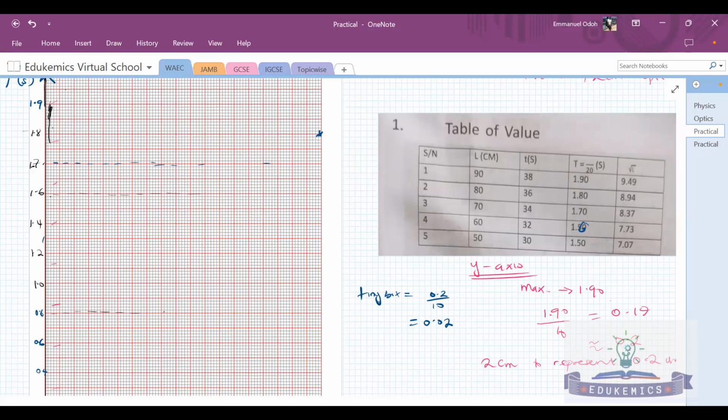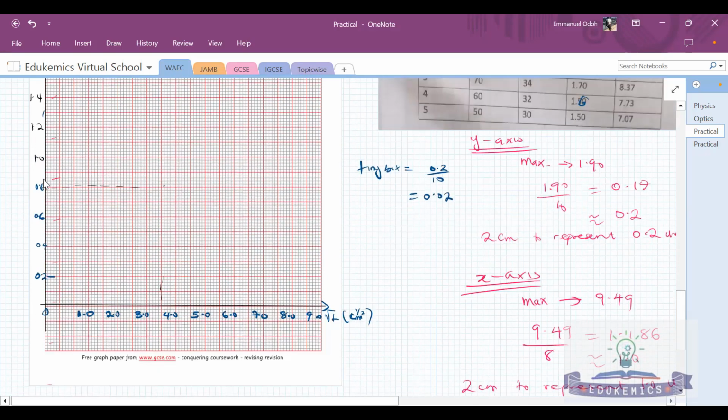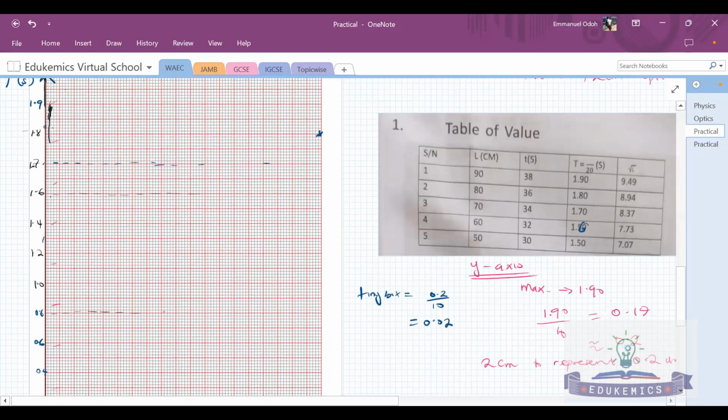So here's supposed to be, let's go back to 0, 0.2, 0.4, 0.6, 0.8, 1.0, 1.2, 1.4, 1.6 here. Okay, here is 1.8. Yeah, here is 2.0. Excellent. So correct every error. So here will be 1.9. Yeah. Then 1.8 and 8.94.